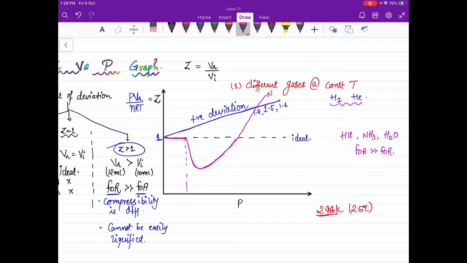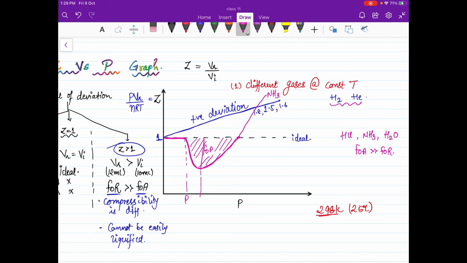Let's suppose this gas is NH3. Up till low pressure, high temperature conditions, the gases follow ideal behavior. So see, they are following the ideal behavior, and then after a certain amount of pressure they started to show a negative deviation. Why? This area over here denotes that there is force of attraction between the particles. But after this pressure over here, we can see that the deviation is increasing towards the positive side, and they cross the ideal gas graph and move towards the positive side.